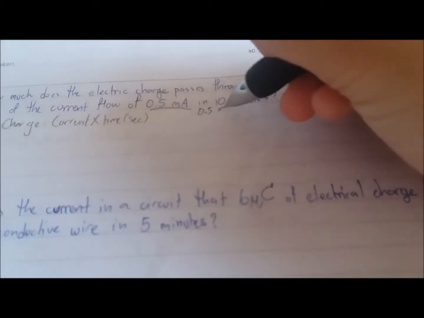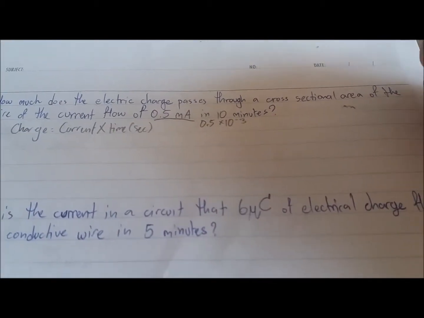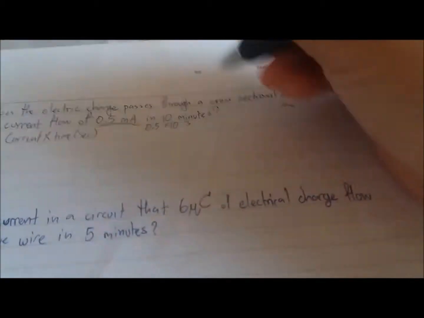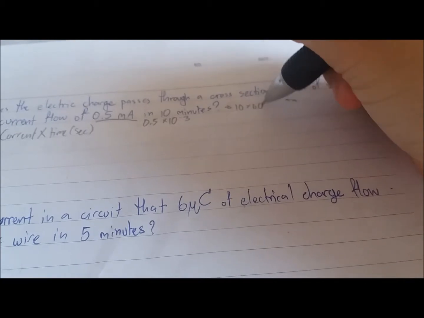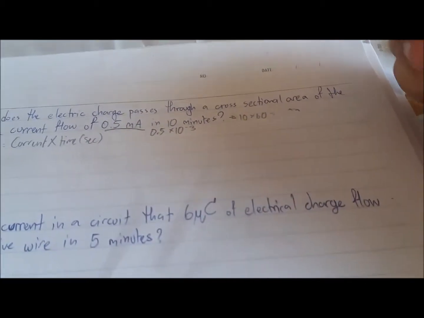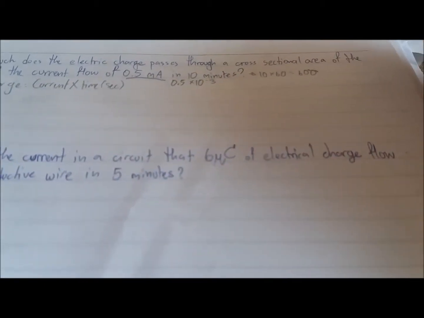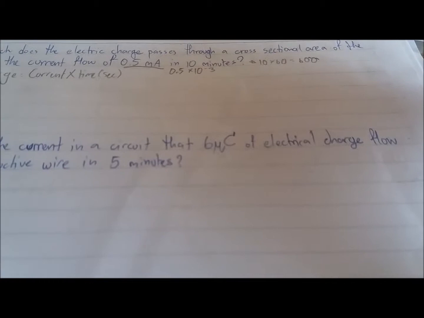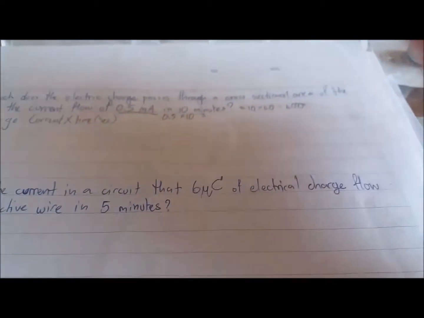0.5 multiplied by 10 to the power of -3. And for seconds, we're going to change minutes to seconds. So we're going to multiply 10 by 60, because 1 minute equals 60 seconds. So we have 600 seconds in total. Now we've located the current and the time, so we're going to do the math.